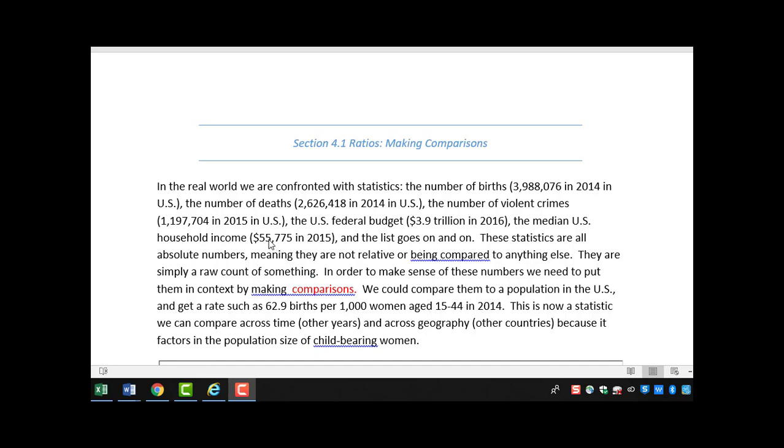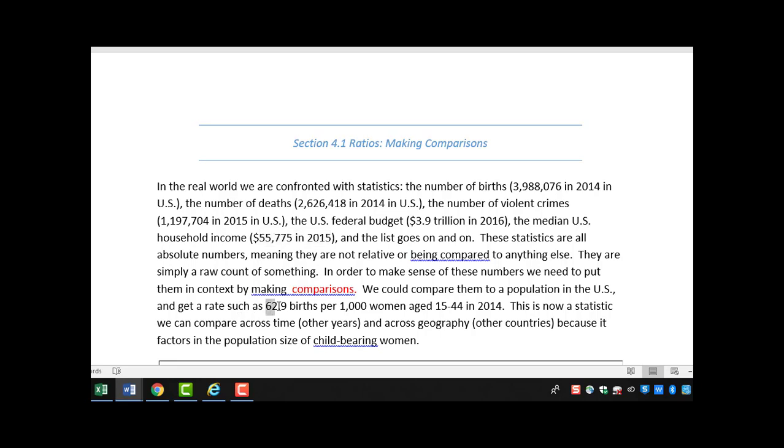If you wanted to know whether household income has gone up or down, this isn't going to tell you. This number, 55,755, is not going to tell you that. You need to compare, right? Ratios is about putting numbers in context and making comparisons. For example, we could compare them to the U.S. population. Like, for instance, here's one.